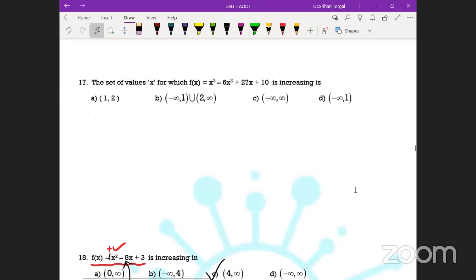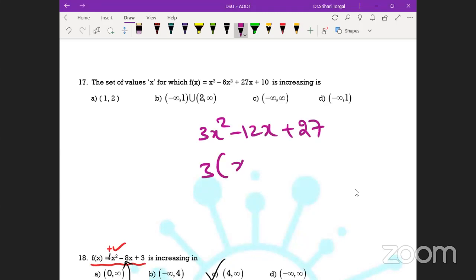Do it. x cube minus 6x square plus 12x. It is 3x square minus 12x plus 27. If I take 3 common, plus 9. Here, the answer is increasing in the interval, option C, minus infinity to plus infinity, correct?